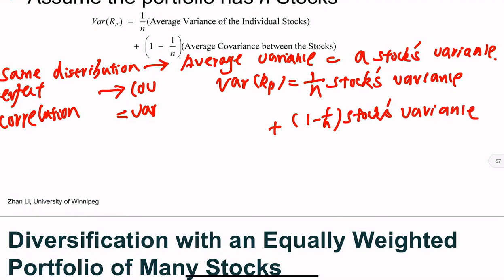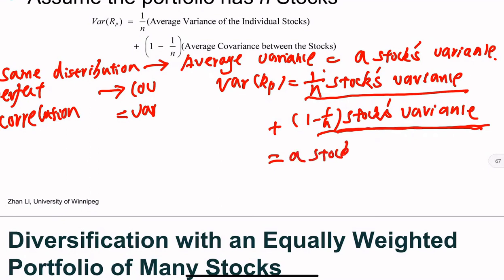The reason you get this is because covariance equals variance, and we know that the average variance equals a single stock's variance. So you can see that this and this will just cancel out. So now you will have the variance of RP equals a stock's variance.